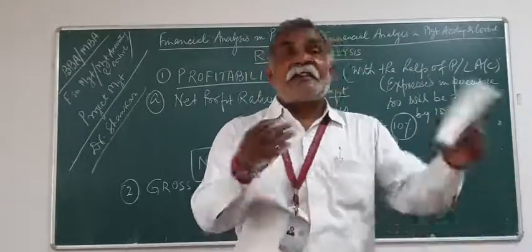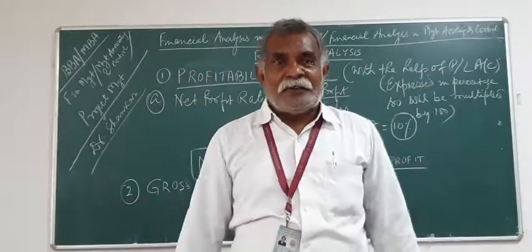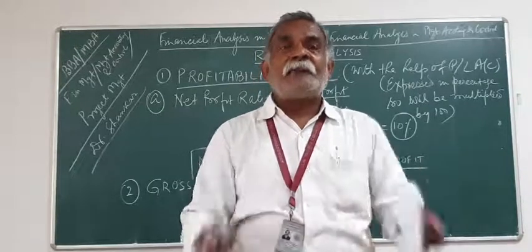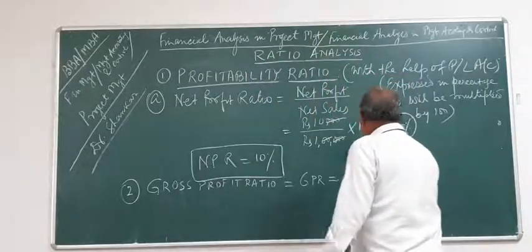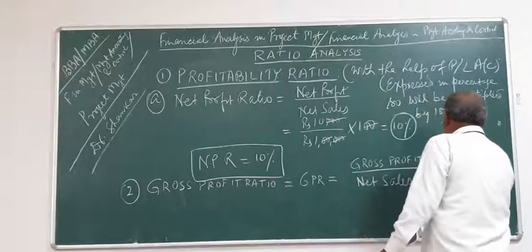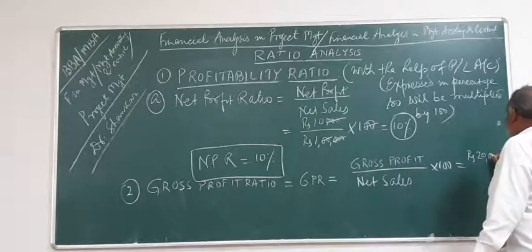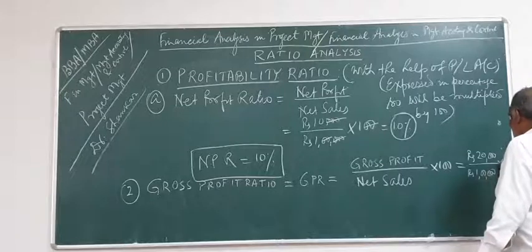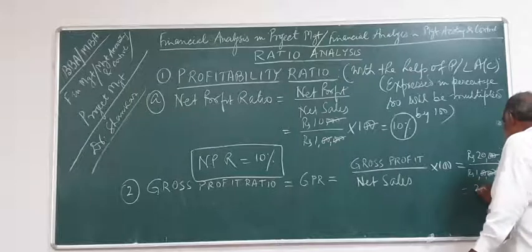Selling expenses divided by sales. Whatever the ratios related to profitability, PL account, everywhere you divide by sales and multiply by 100. Simple. So gross profit divided by net sales multiplied by 100. Suppose gross profit is 20,000, divided by 1 lakh, multiplied by 100, the zeros cancel. This is how much? 20%.